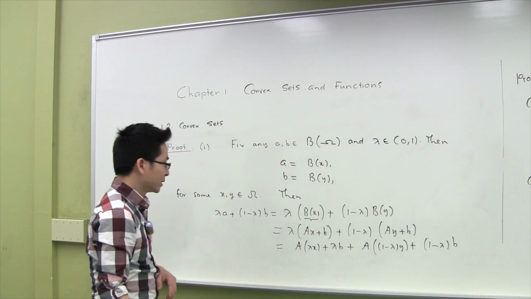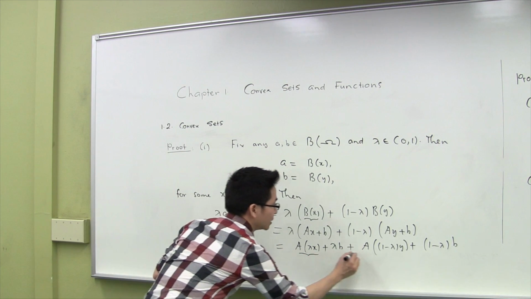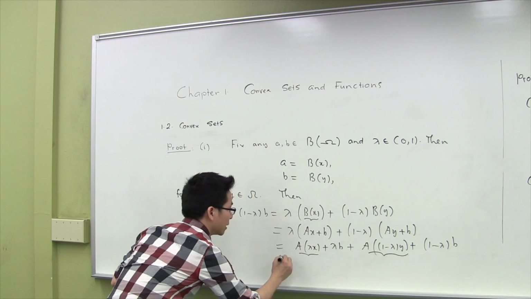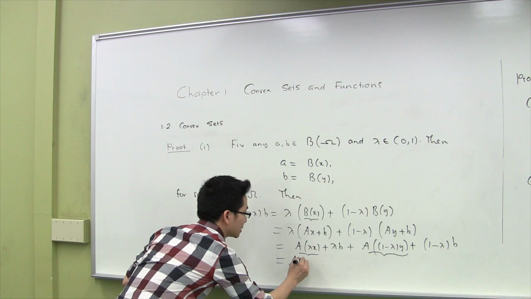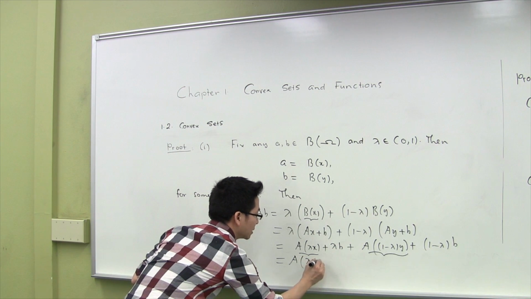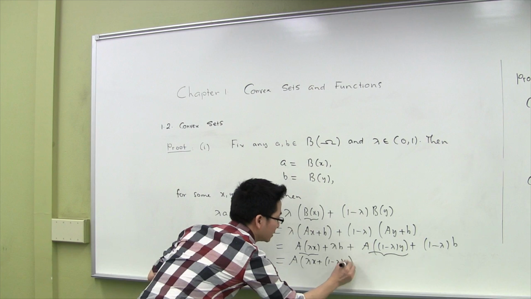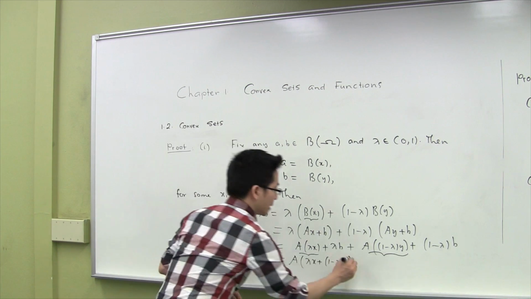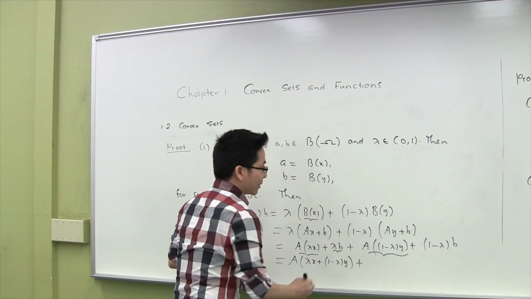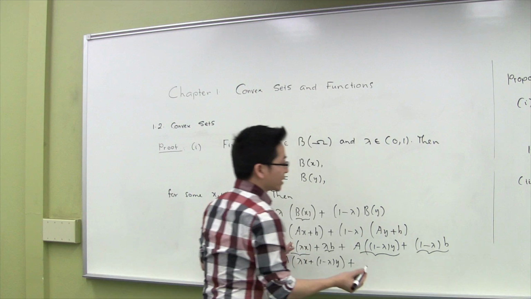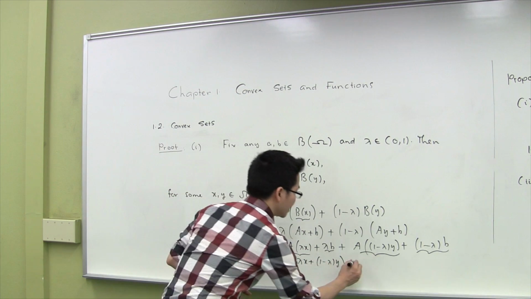If we combine these, we have A times lambda x plus 1 minus lambda y, and over here we have lambda b plus 1 minus lambda b, so it is just b.